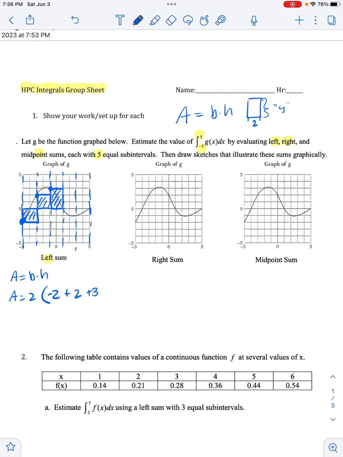Now the next interval is from here to here, and if you go to the left side, you actually are at 0, so you don't really get any area from that one. And then in the last interval, from 3 to 5, my left end point is here, which is at -1, and then that would be my area.